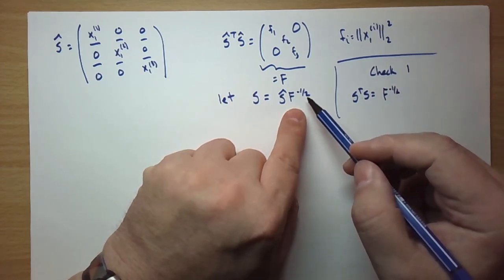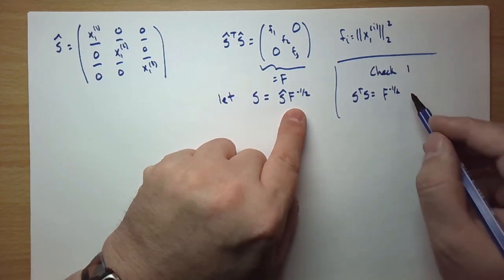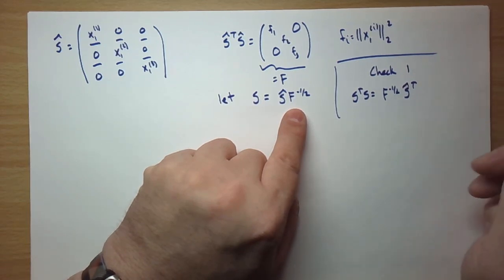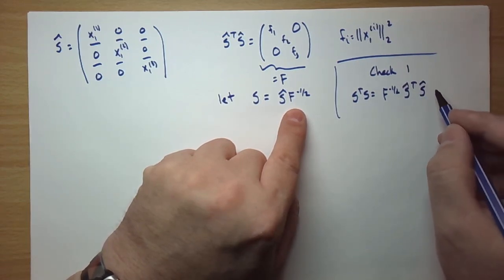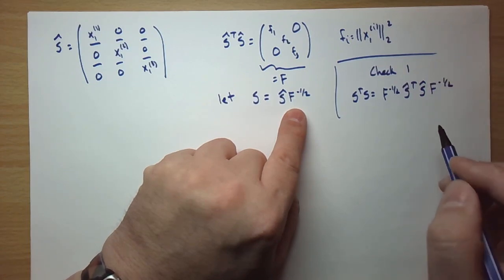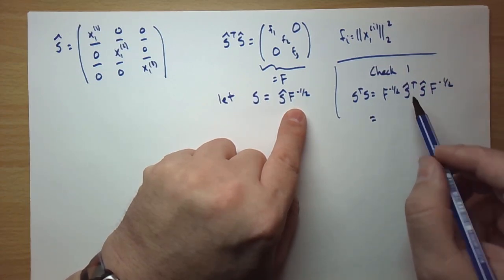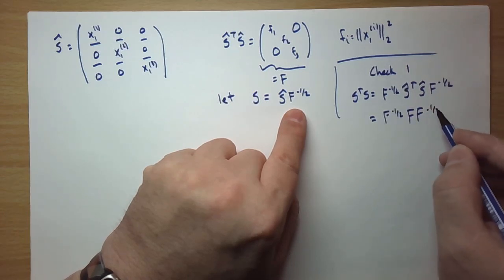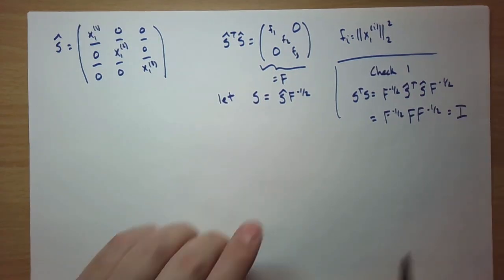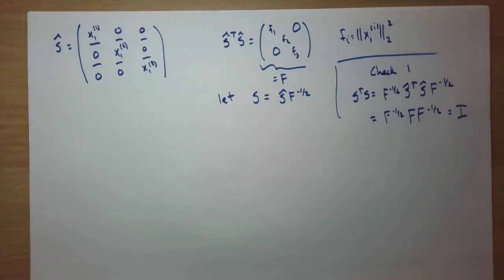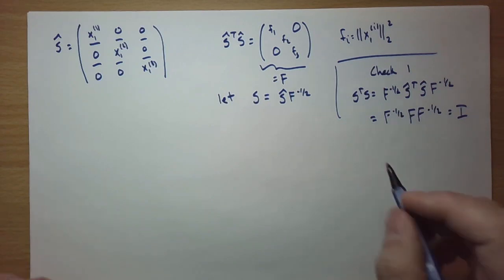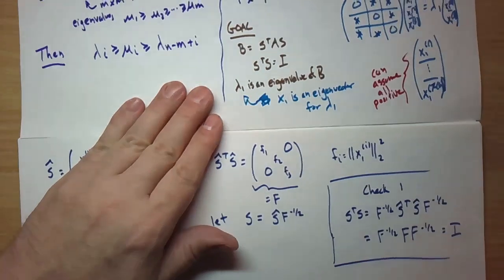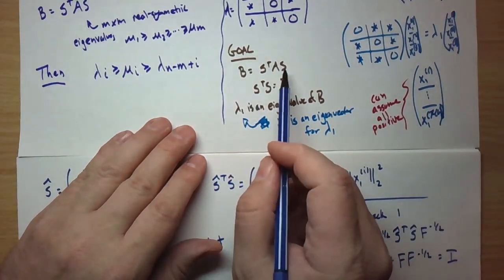Notice F is symmetric. F to the minus a half is symmetric. Then S hat transposed. So that's our S transposed. And then S is S hat and F to the minus a half. But this is F to the minus a half, F to the minus a half, which is the identity. All right, good. So we can definitely now use this S and make a B.